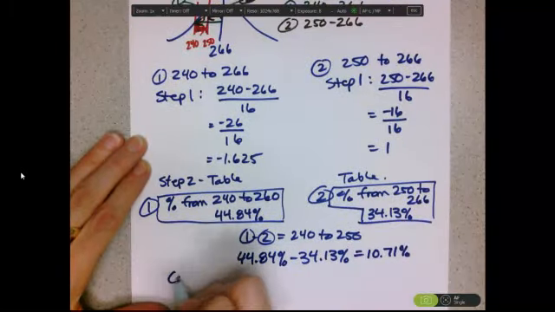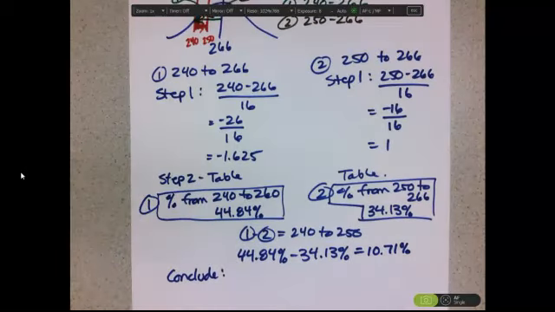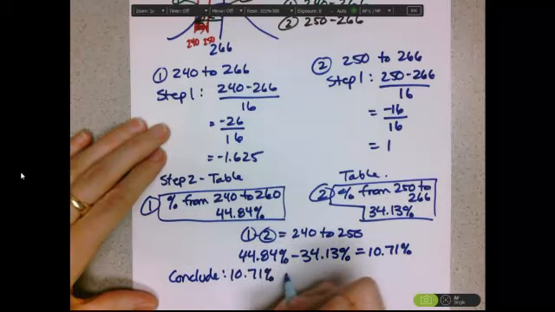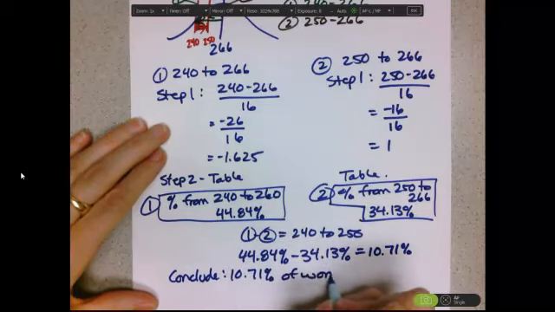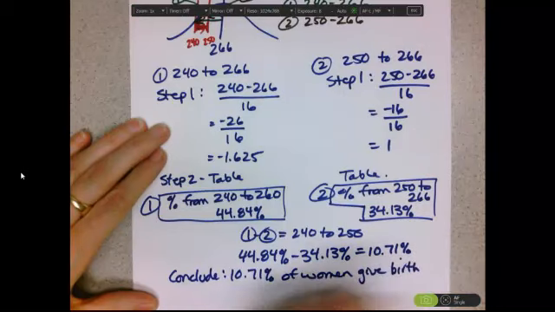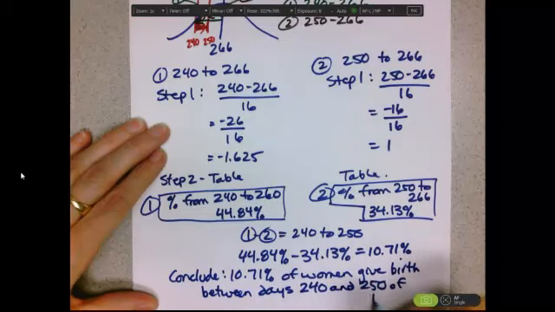We can conclude that 10.7% of women give birth between days 240 and 250 of pregnancy.